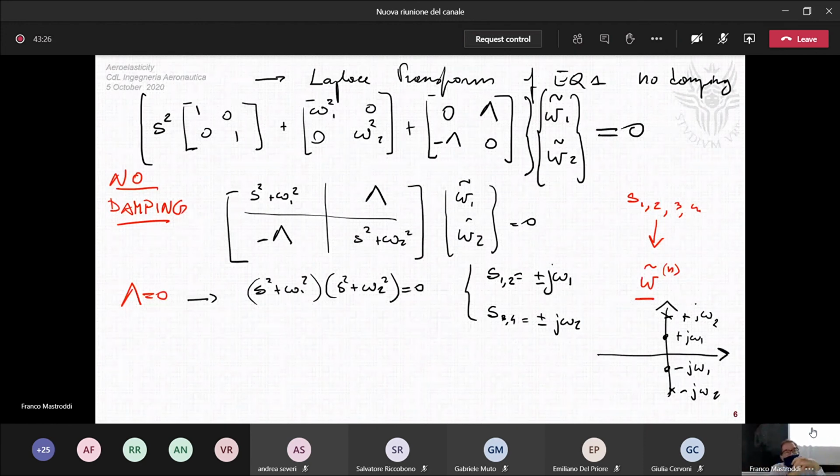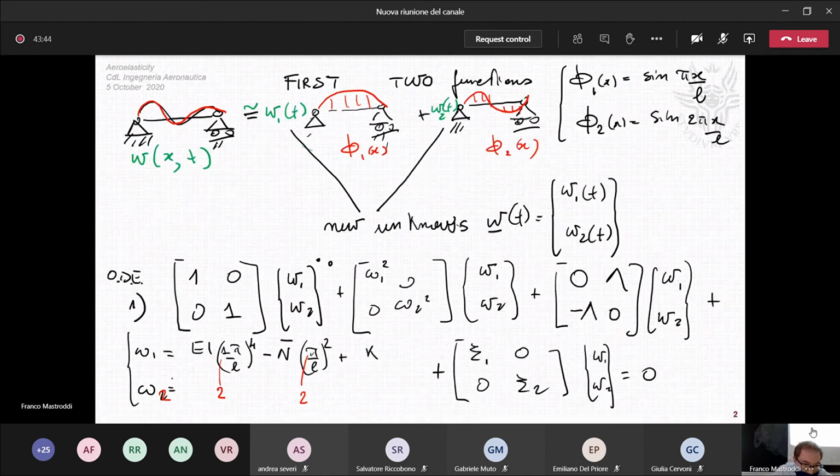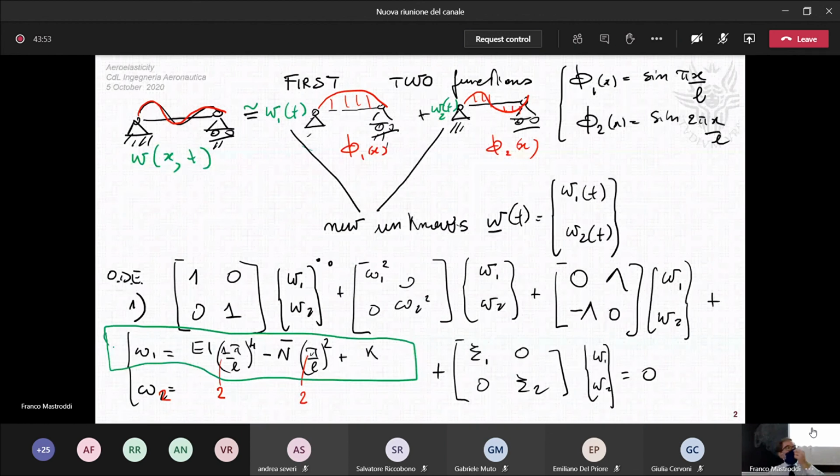Now what happens if you, please, remember the story that you have omega 1, look, I wrote this omega 1 here, and this omega 1 is the frequency of the beam, including the buckling effect.